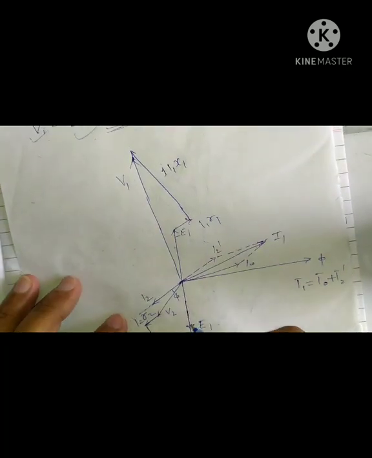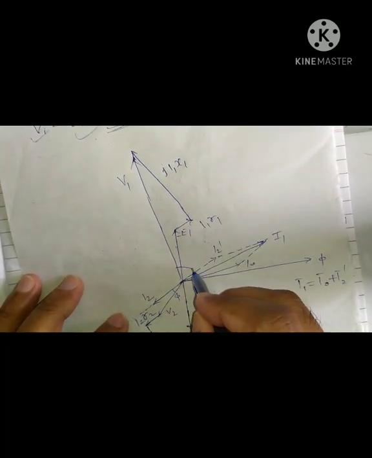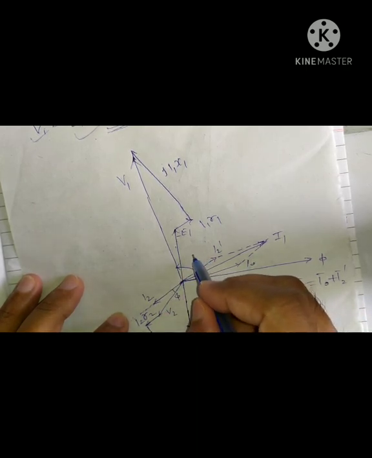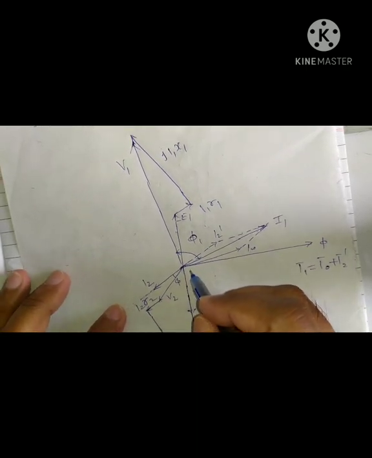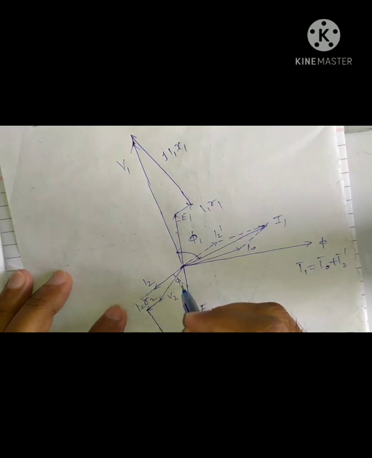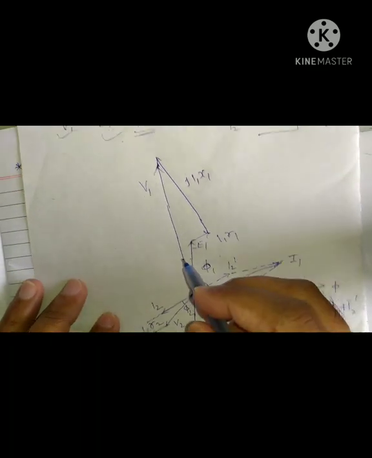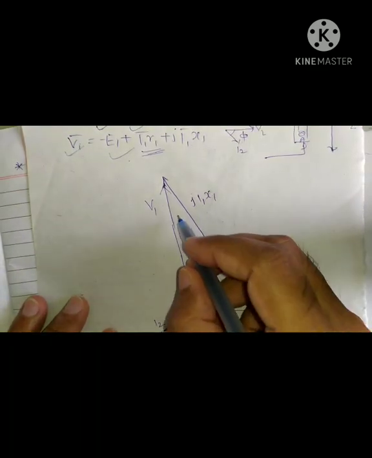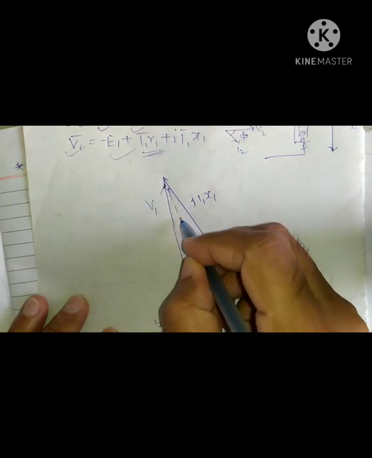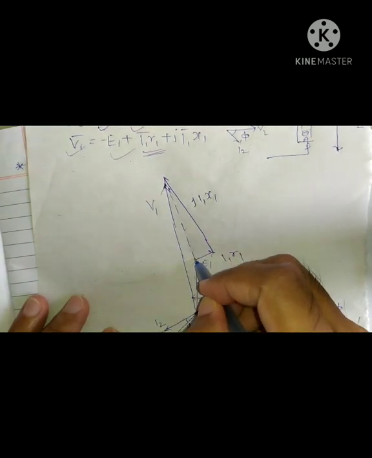Okay. This angle between V1 and I1 will be phi1, and the power factor angle is phi2, which is the angle between V2 and I2, right? We know I1R1 plus J I1X1 is nothing but I1Z1 also.